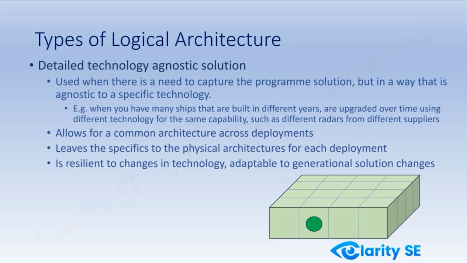So you can have a common architecture across deployments with the maximum amount of detail that you can achieve in that. You can leave the specifics to the physical architectures for each deployment. It is reasonably resilient to technology changes, obsolescence, and adaptable as new solutions come through.